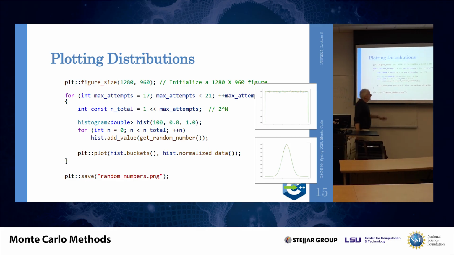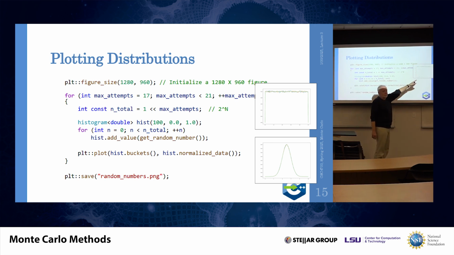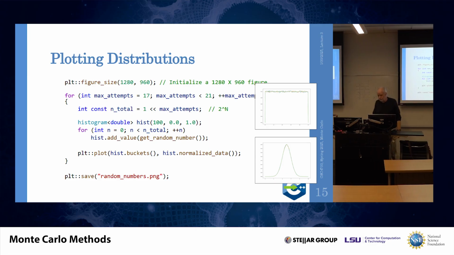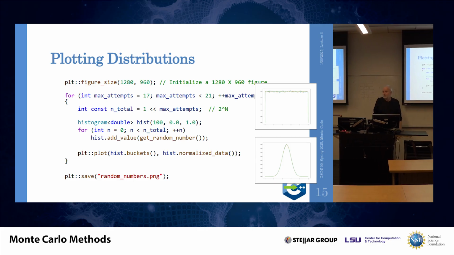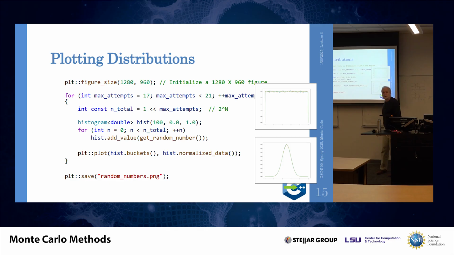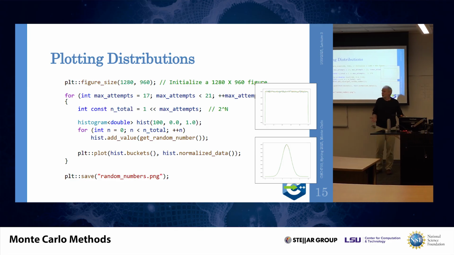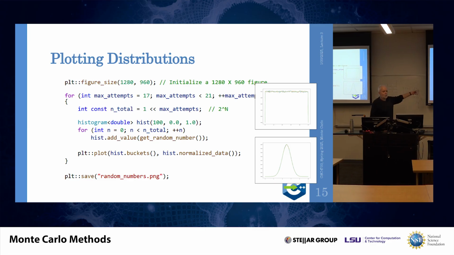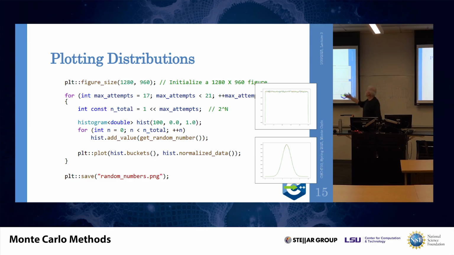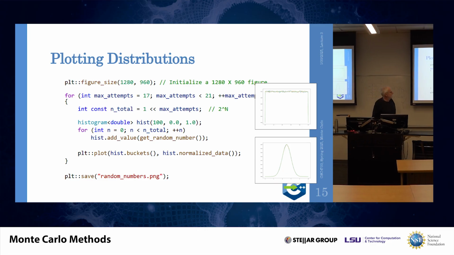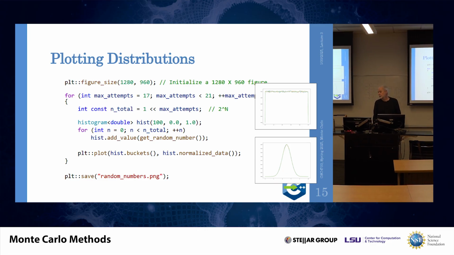So what you see here is a bunch of uniform distributed data for different amounts of attempts, for different amounts of random numbers, and a normal distribution. So you see the random number generator we get from C++ do a very good job at really providing statistical properties as we expect. So that was the whole point of this exercise, to show you these graphs, the statistical properties of the random numbers are really good.